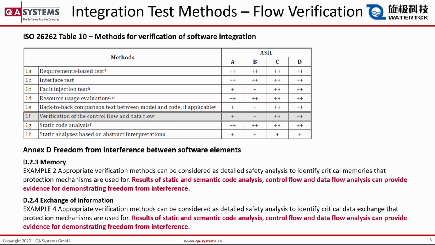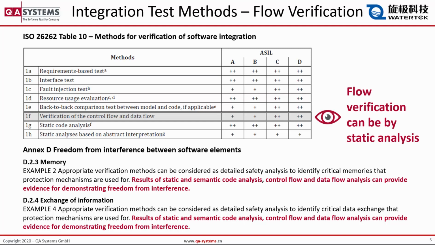You can see highlighted in red the results of static and semantic code analysis for control and data flow analysis can provide the evidence demonstrating freedom from interference. Similarly, for both memory and exchange of information, the approach is applicable. So again, flow verification can be undertaken by static analysis.